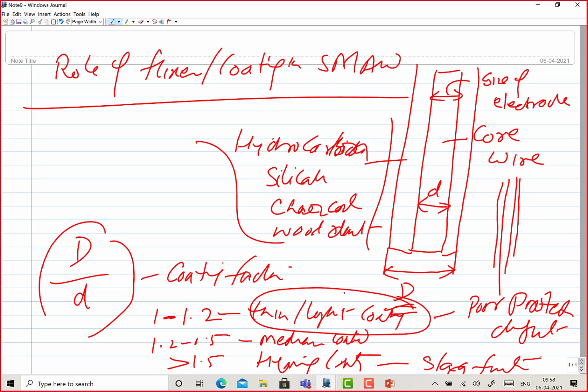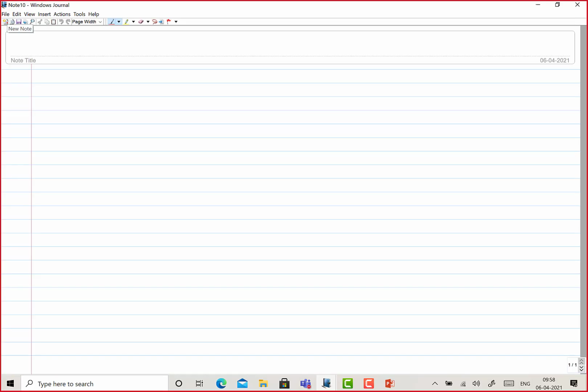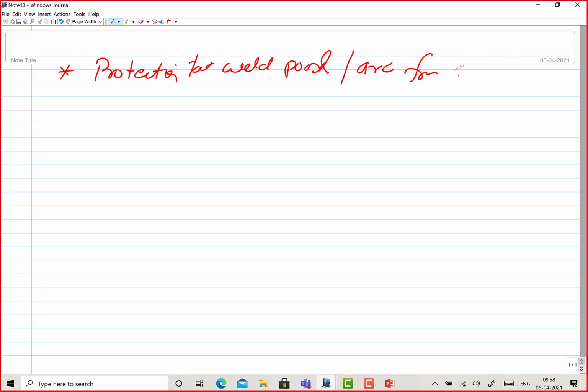What are the functions performed by these coatings? First is providing protection to the weld pool and arc from oxygen and nitrogen in air.